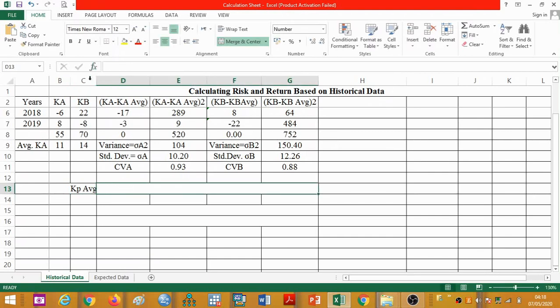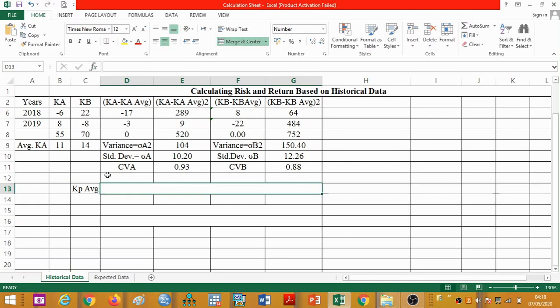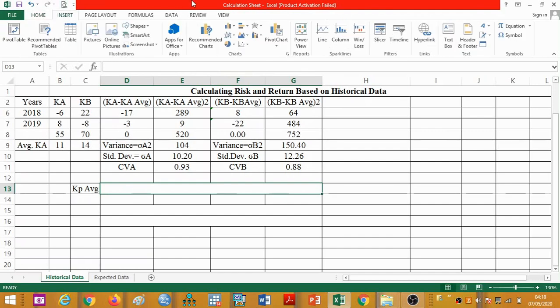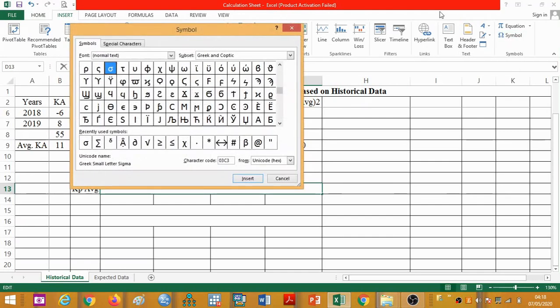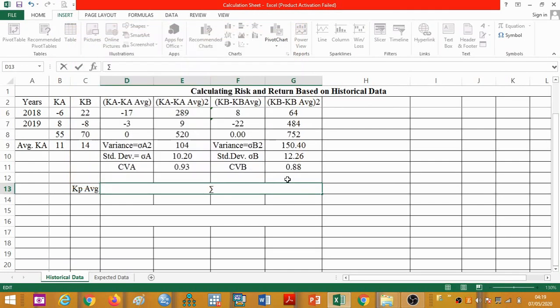The formula is the summation, so I'll select it again from the symbols. Summation of WI times KI average.